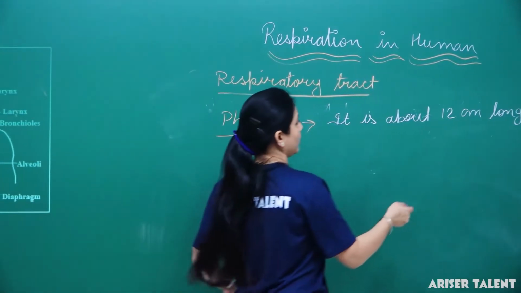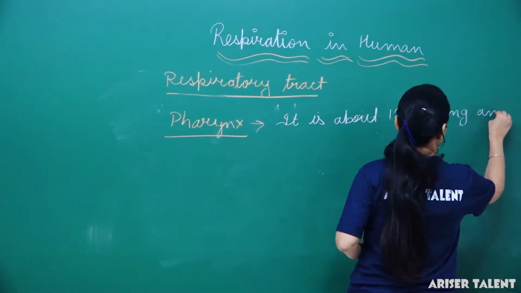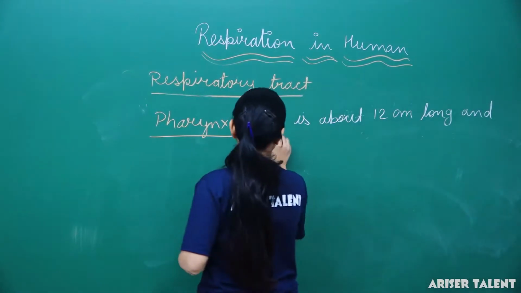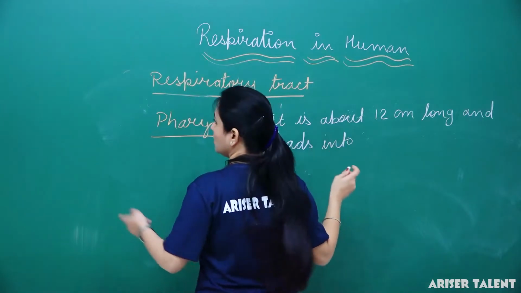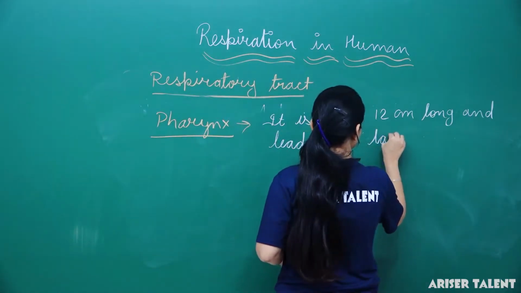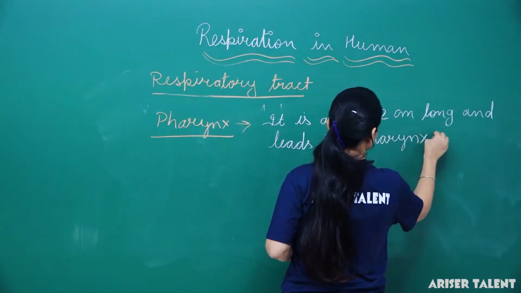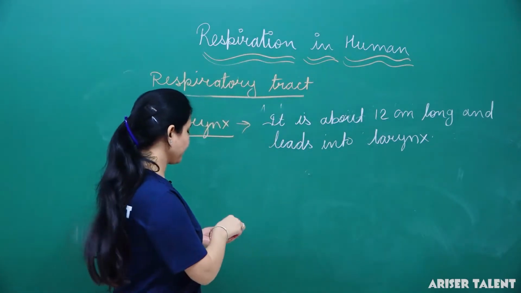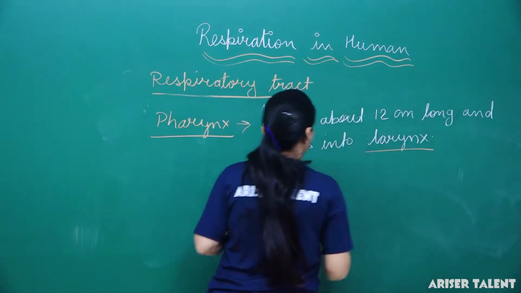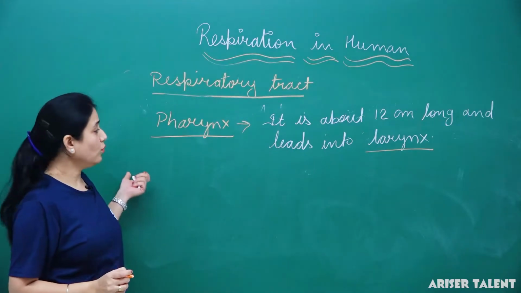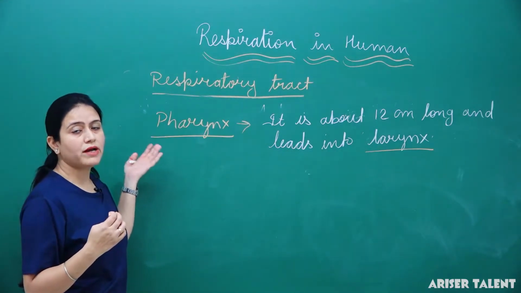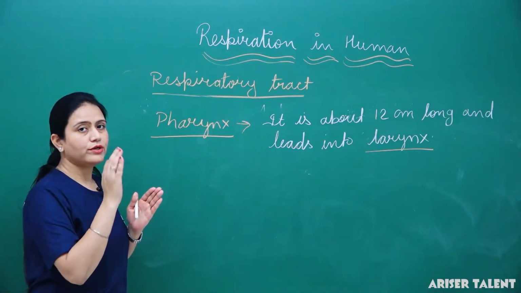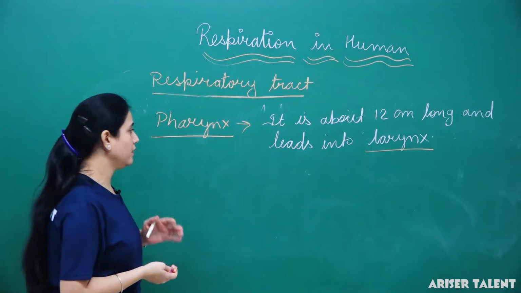Generally the larynx is open, but sometimes when we swallow something, it gets closed by the epiglottis. Epiglottis is a thin slit present there.